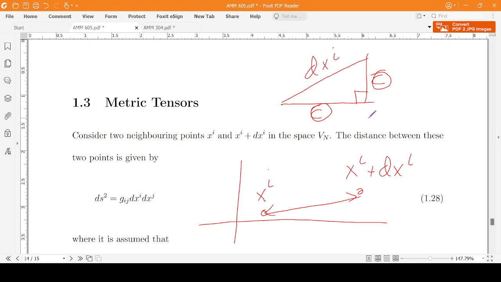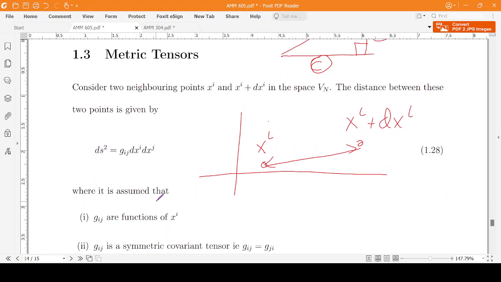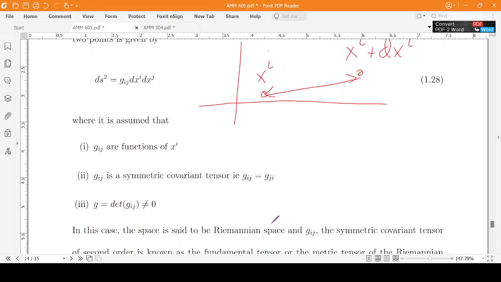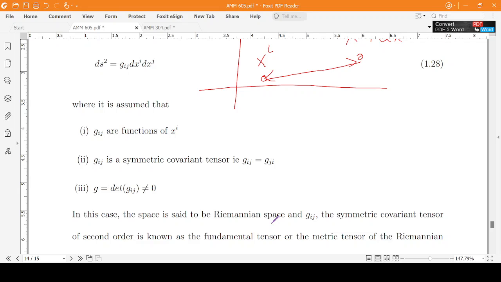So the distance between these 2 points is given by ds^2 equals gij dxi dxj, where it is assumed that gij are functions of xi, and gij is a metric covariant tensor, that is gij equals gji, and the determinant of gij is non-zero.